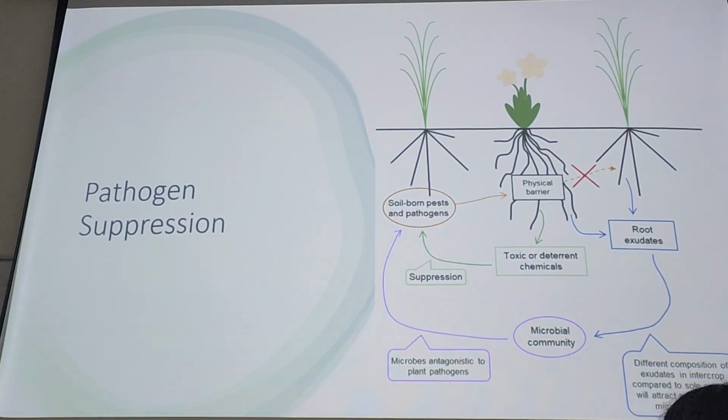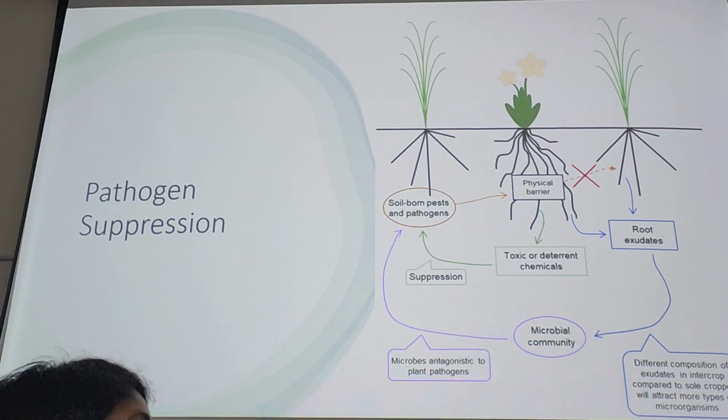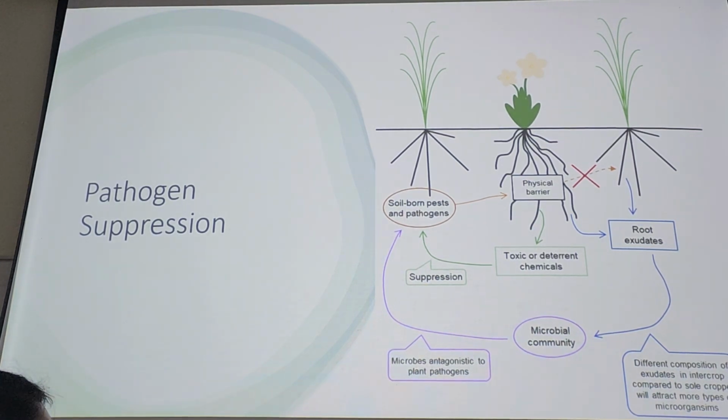Okay, the next one is also pathogen suppression. As you can see in the picture, when we do intercropping, one disease does not spread to the other species of plants.